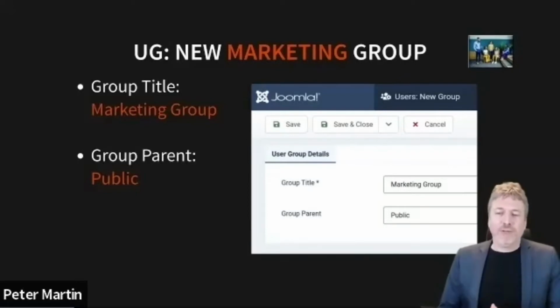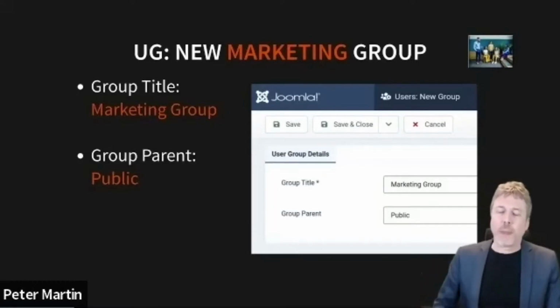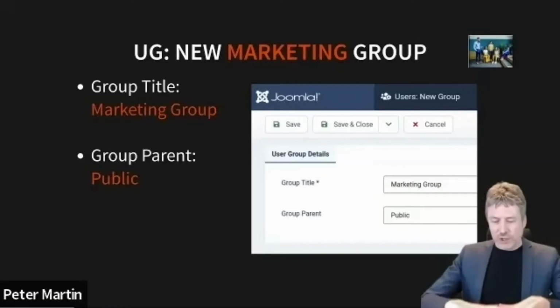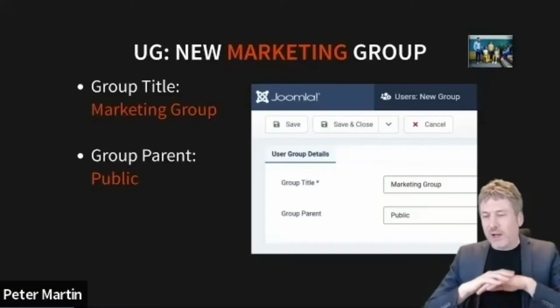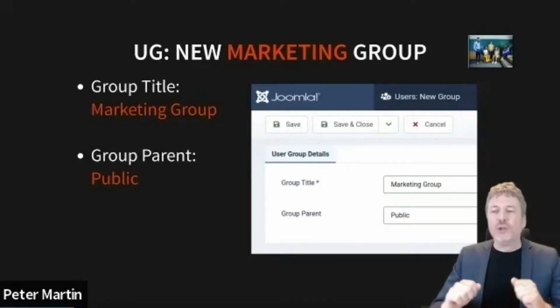There are different opinions about how to start with the group parent. Some people use registered and put the marketing group just under registered. I am a Linux fan. I use Linux as an operating system, which is closed from the ground down. If you want to open ports or give more permissions on the Linux system, you have to do it yourself.